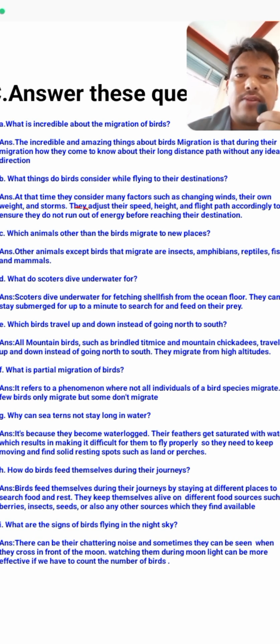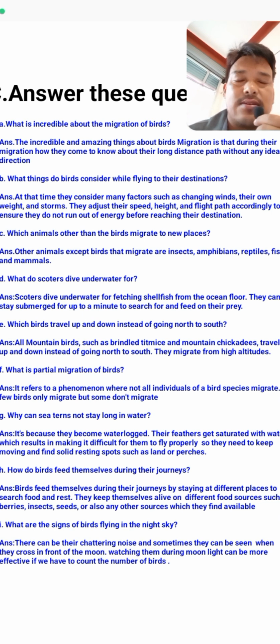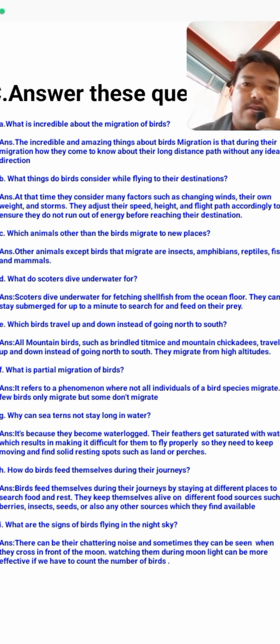All these are the main factors considered during migration. They adjust their speed, height, and path accordingly to ensure they don't run out of energy before reaching their destination. There are so many factors that they have to consider at the time of migration.